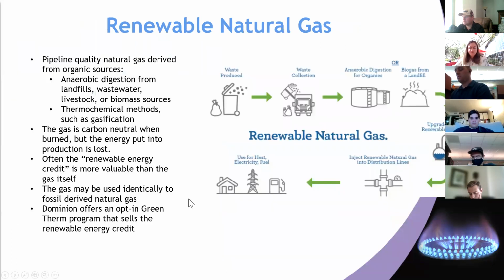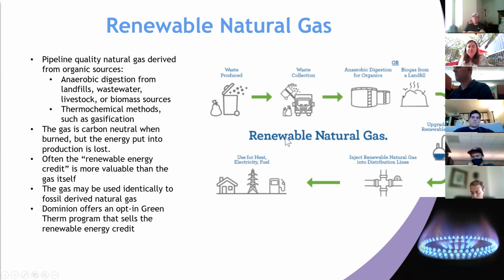And then we've also had a couple of assessments that have looked at renewable natural gas, usually from wastewater treatment. Renewable natural gas is basically a process of creating pipeline quality natural gas from methane from a digester or a landfill, and then purifying it to such a point that it's identical to pipeline natural gas.